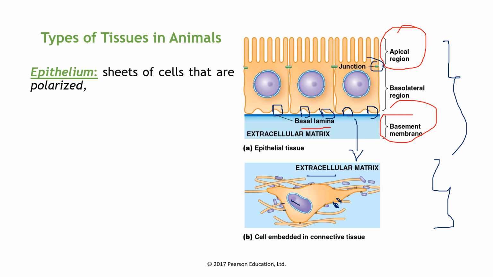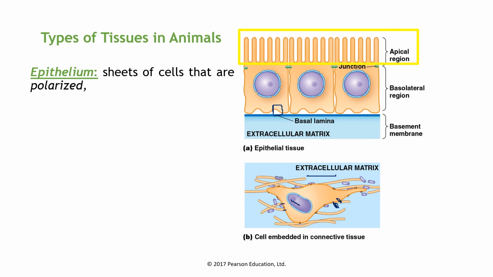Remember, let me delete this. Epithelial structures, like the one I showed you, are a group of cells that are polarized because they have this apical and basolateral region. Here you have the apical. Let me delete all the things that I drew here so it's clear.